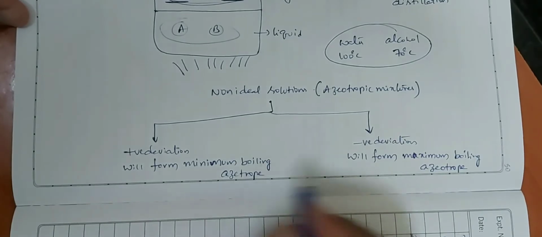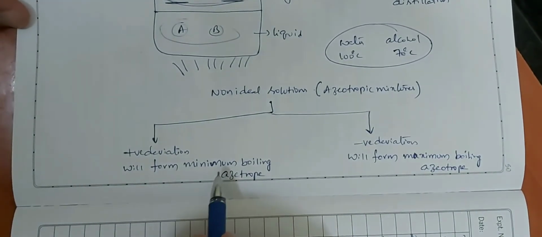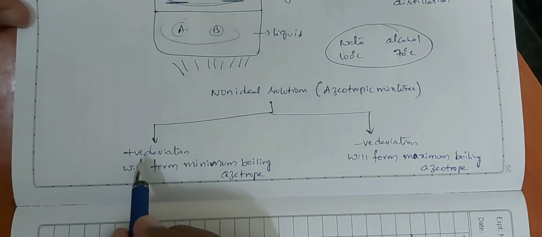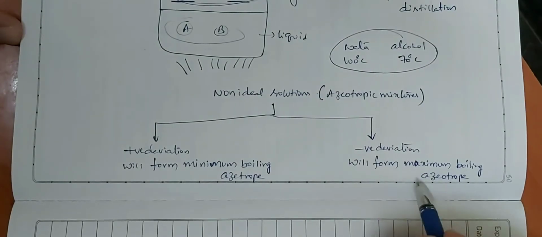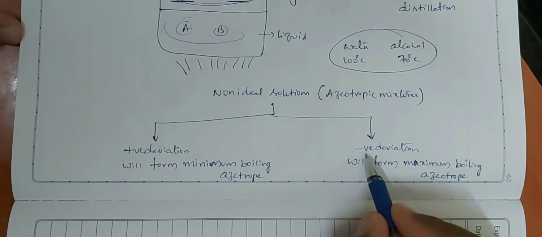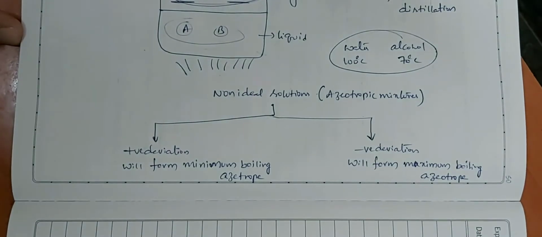Two types of azeotropic mixtures: minimum boiling azeotrope and maximum boiling azeotrope. Minimum boiling azeotrope is formed by non-ideal solutions which show positive deviation from Raoult's law. Maximum boiling azeotrope is formed by negative deviation, means non-ideal solutions which show negative deviation from Raoult's law.